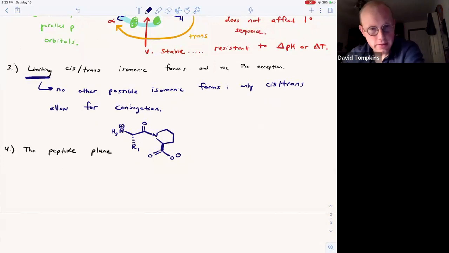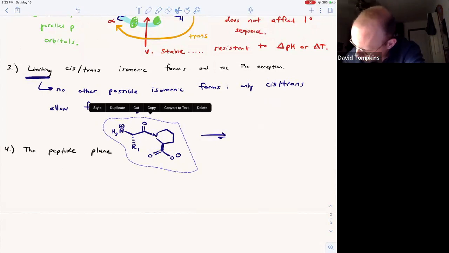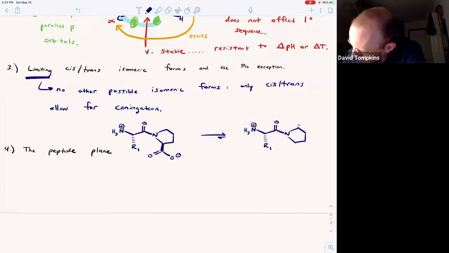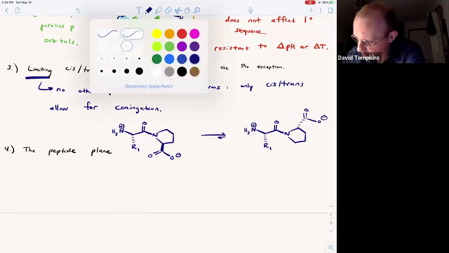So this is the cis conformation, and it could also rotate if you broke the amide bond and then it were allowed to reform. It could rotate over 180 to become trans. And let me just emphasize that, right?